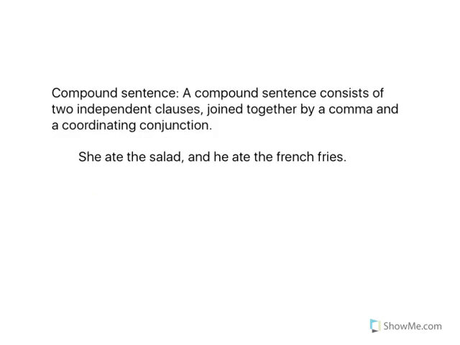So a compound sentence consists of two independent clauses joined together by both a comma and a coordinating conjunction. So here in this sentence, she ate the salad and he ate the French fries. We have to pick it apart. We see here, she ate the salad, he ate the French fries. These are both independent clauses, and we know this because both of them have a subject and a verb, and a complete thought.